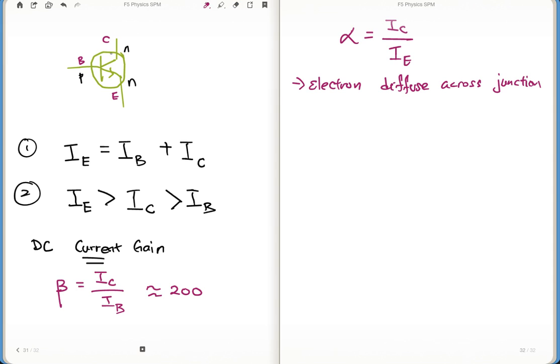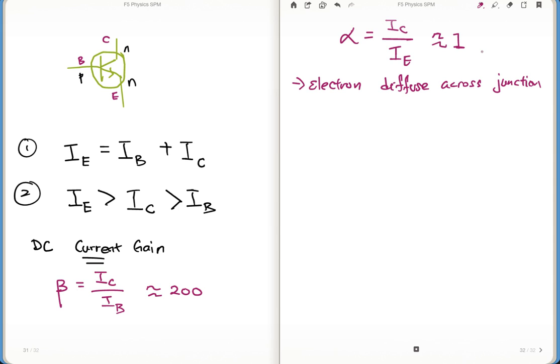IC to IE, this is the ratio, and normally it's almost 1, close to 1. Okay, just to let you know, something that you are not familiar with, of course.